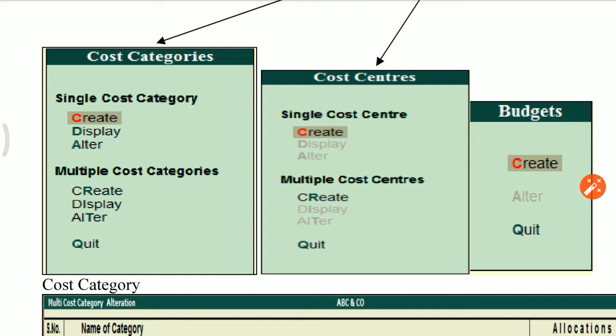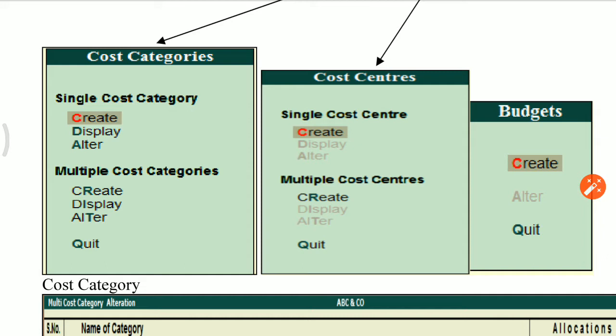Friends, in the case of international software, these options are available. The reason behind that, each company, I'm giving example again. See, a budget is the most critical factor for any business. In the beginning of the year, that is in the case of April, management prepares a budget for the full year.